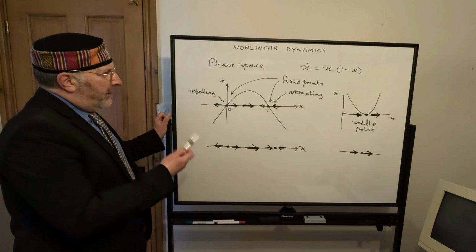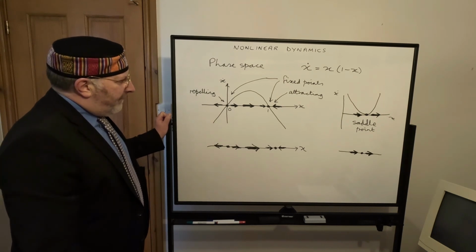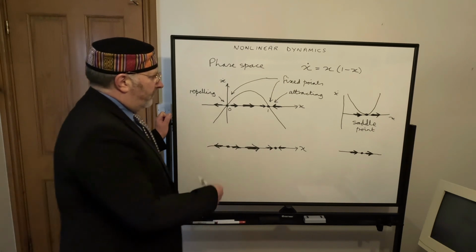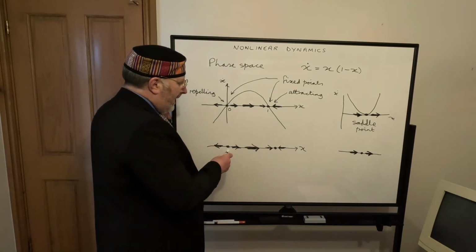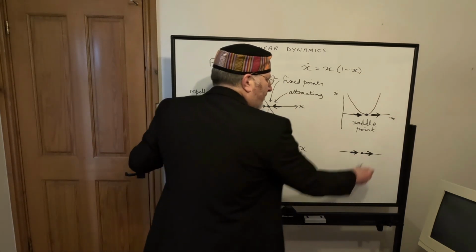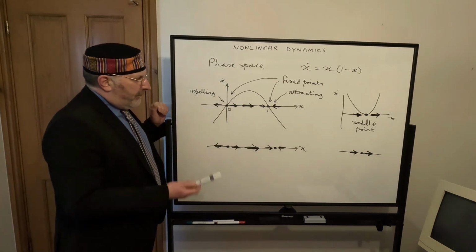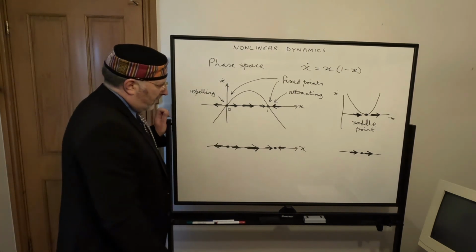And we can see that in this one-dimensional phase space, we can have three types of fixed points. We can have a repelling fixed point, we can have an attracting fixed point, or we can have a saddle point. And there's only three basic types of behavior that we can get.